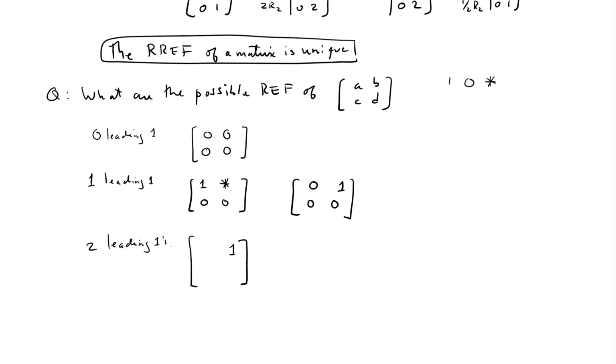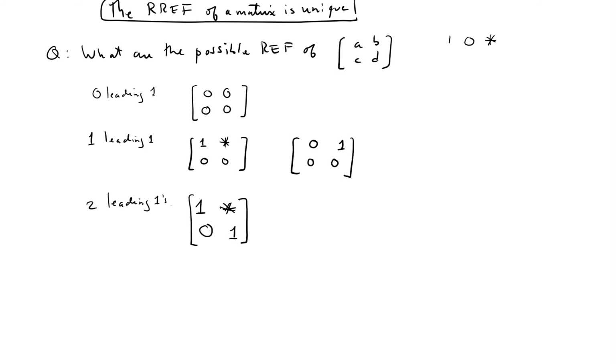It can't be there, because that means row 2 would have its leading 1 there, and that contradicts the definition of row echelon form, because below the leading 1 I have to have a 0. So the first leading 1 has to be here in the first column. The second one has to appear diagonally with respect to the first one, so it has to be where I placed it. Here that has to be a 0, but this could be anything. I'm done because I've covered all possible cases.